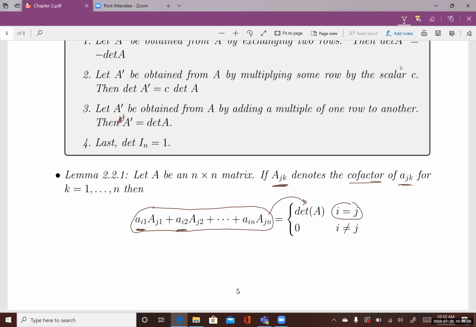If i and j are the same, then this is just the formula of finding the determinant of A.